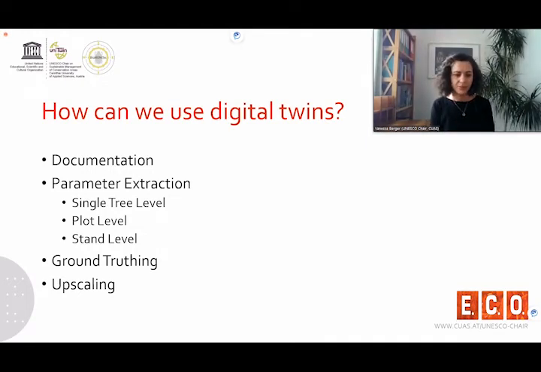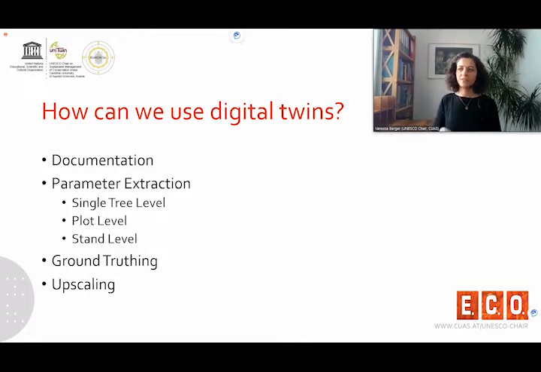So the usage, most of the time, we now use it for documentation. Because if we went in the forest and tried to assess the state of the forest and biodiversity parameters, it's really hard to document it just on paper. So it's really good to have this documentation in 3D and not only one or two pictures.